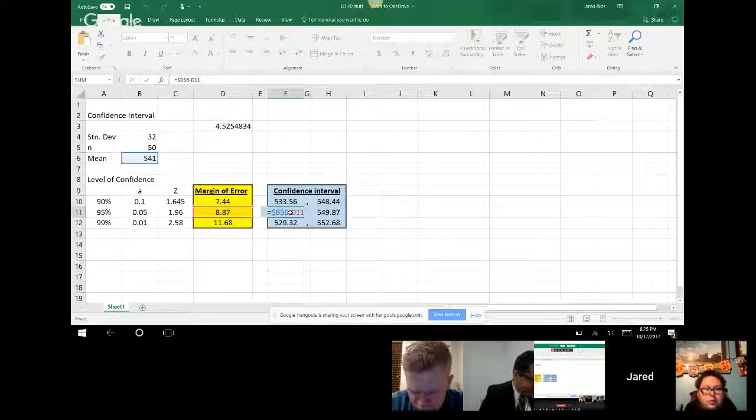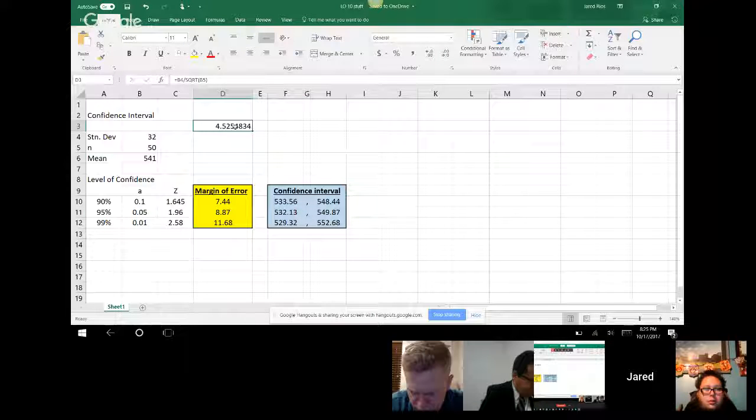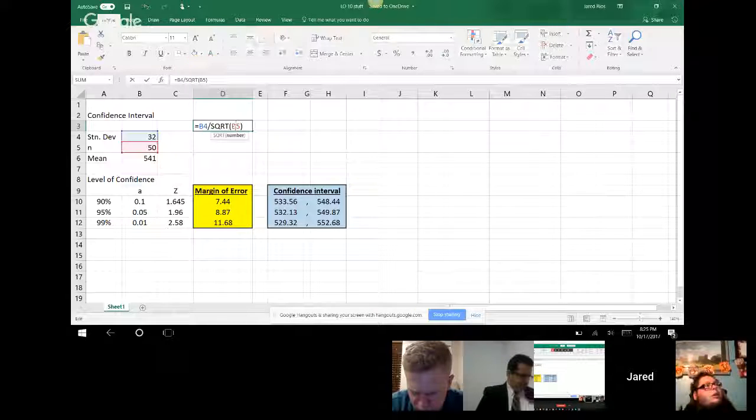And then up here, this number is basically the margin of error calculated out separately. As you can see, it's just the standard deviation. Oh, I guess it's not even the whole formula. Yeah, it's not even the whole formula for the margin of error. So I pretty much have it in 3 steps here.